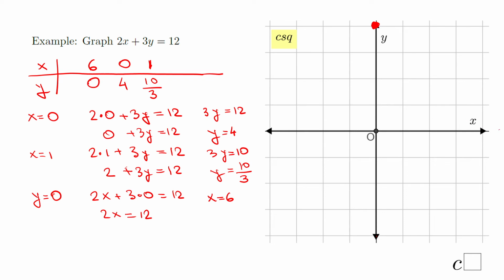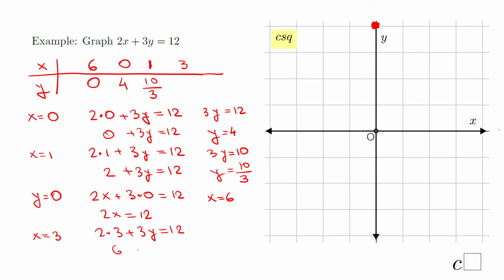which unfortunately is somewhere on the right side. We cannot really use that point, but I guess I can go and use another value of 3 for x. Let's see what's going on with 3. We have x equals 3, which is going to give us 2 times 3 plus 3y equals 12.